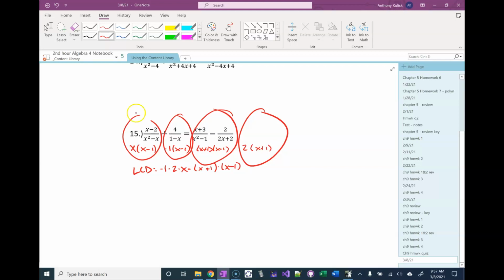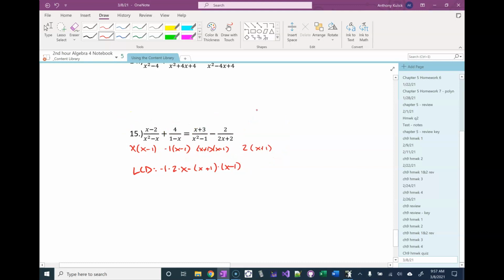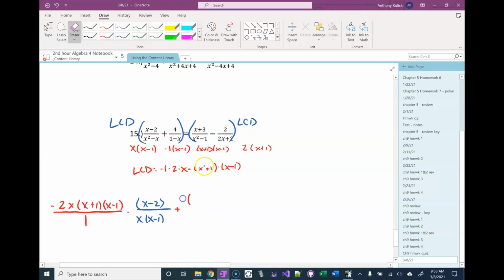So I have my least common denominator times my first fraction plus my least common denominator times my second fraction and my least common denominator times my third fraction.